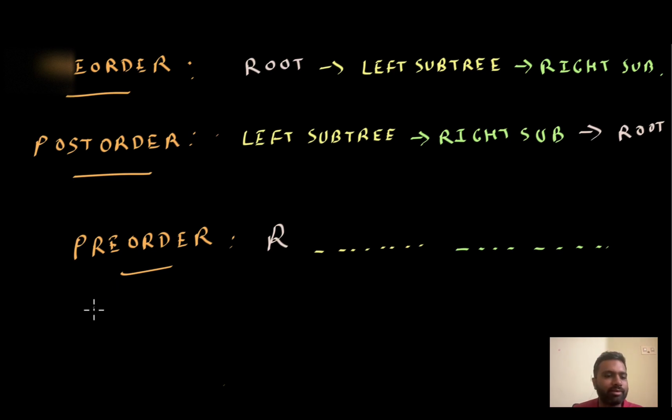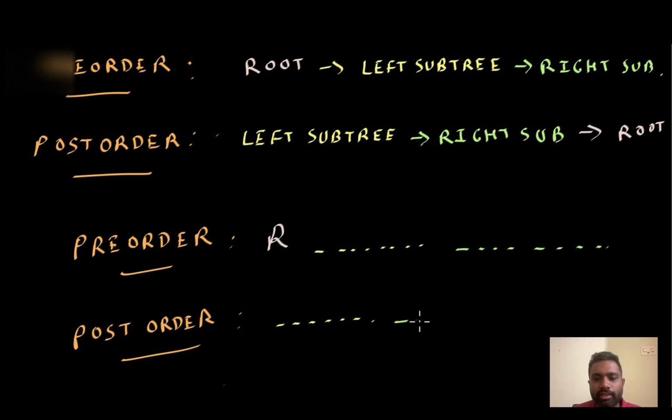So this is a pre-order traversal. Let me consider what will be the post-order. Right. Some nodes will be there that will be for a left subtree. Let me denote with a yellow. Then some subsequent nodes will be there that will be with a right subtree, and let me denote with the green. And the last will be root. So root is very easy to identify, either a first node of a pre-order or last node of a post-order.